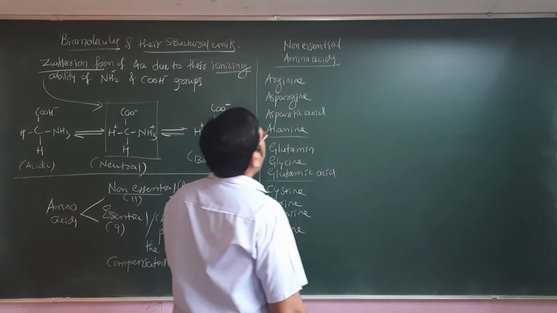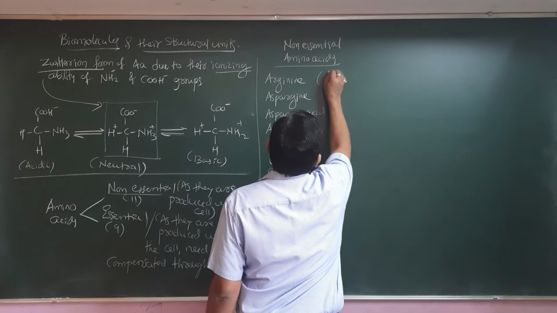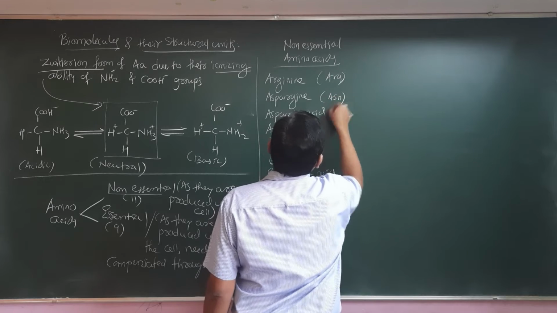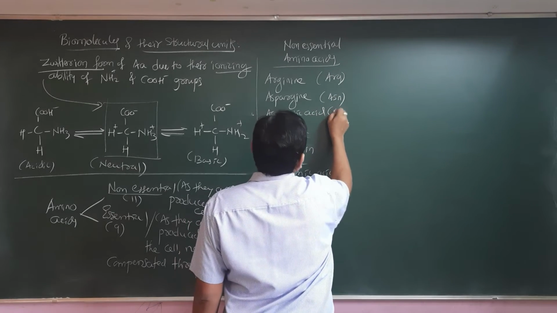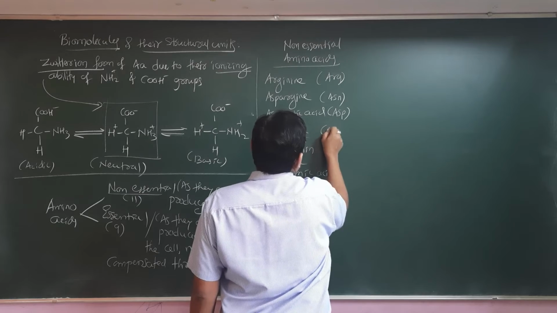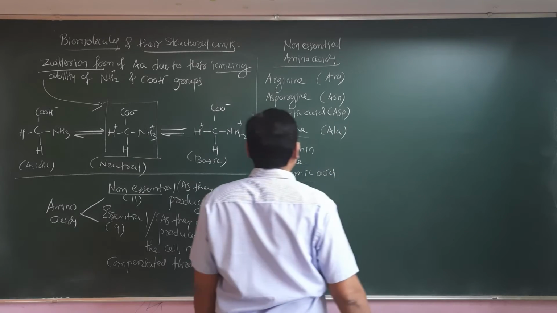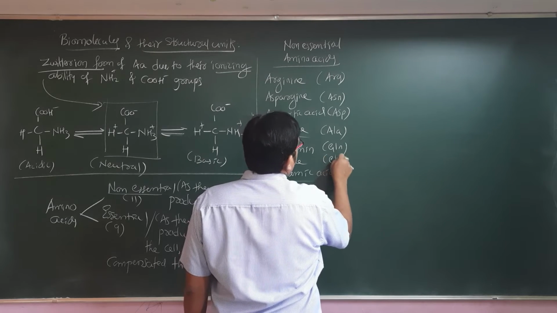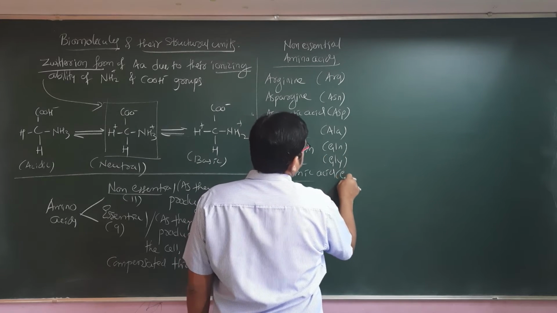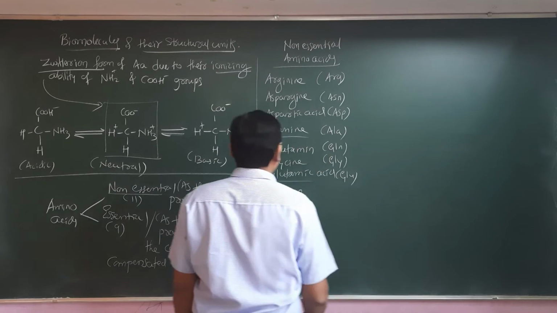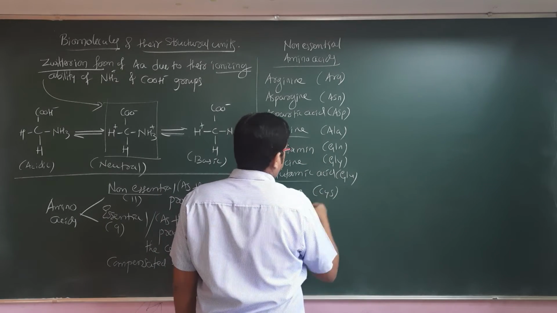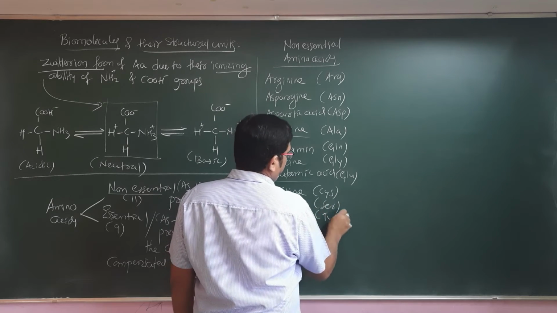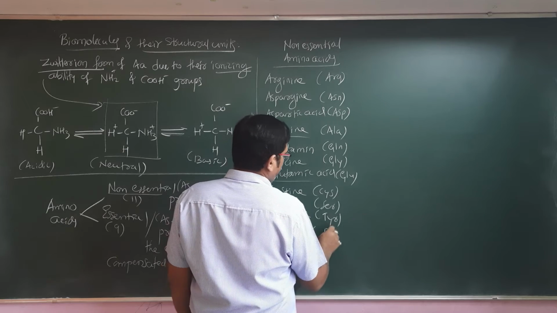Then proline. They are all denoted by abbreviations: arginine is denoted as ARG, asparagine ASN, aspartic acid ASP, alanine ALA, glutamine GLN, glycine GLY, glutamic acid GLU, then cysteine CYS, serine SER, tyrosine TYR, then proline PRO.